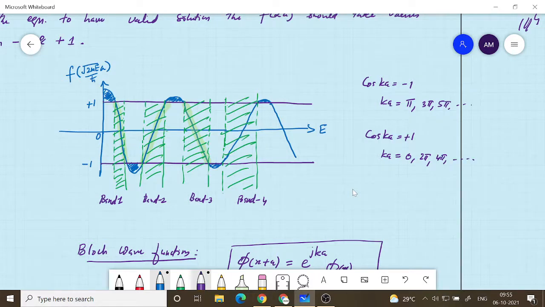So initially we can say that this point, the left point where you start getting solution, is basically ka equal to 0.